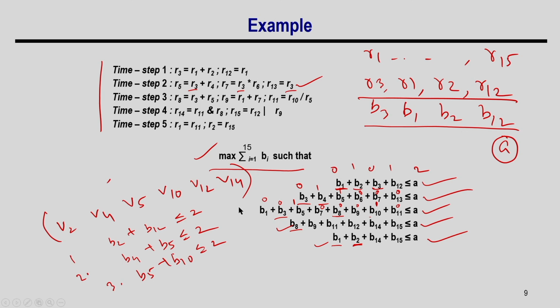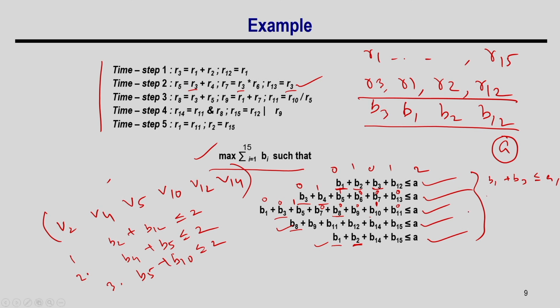Once this is done, I can rewrite the constraints by removing these variables, because they are already mapped. So, I can rewrite this expression as B1 plus B3 should be less than or equal to A1. So, this is my A1 for the next register bank, right.